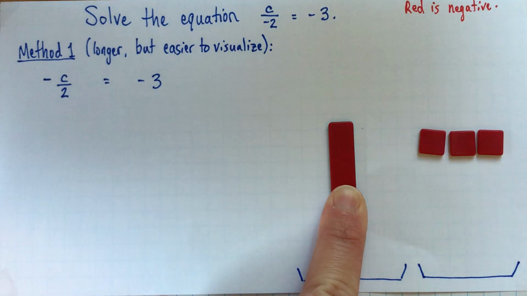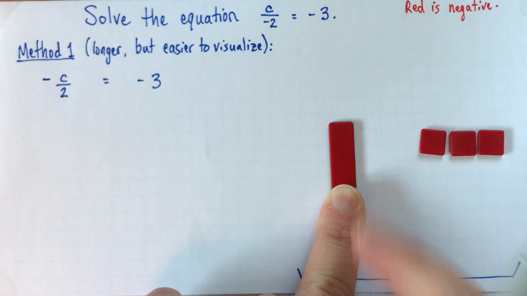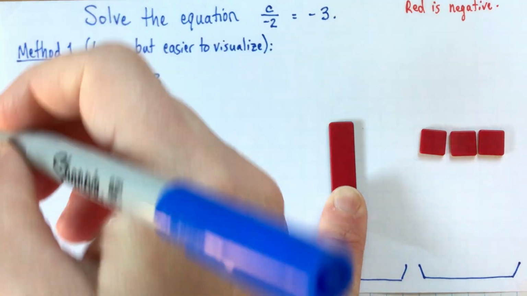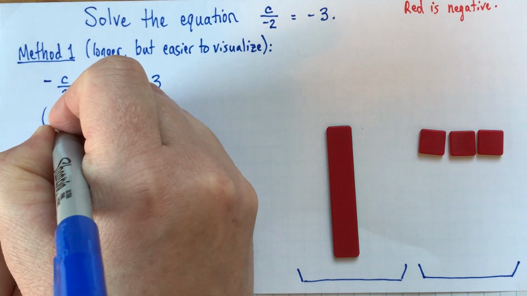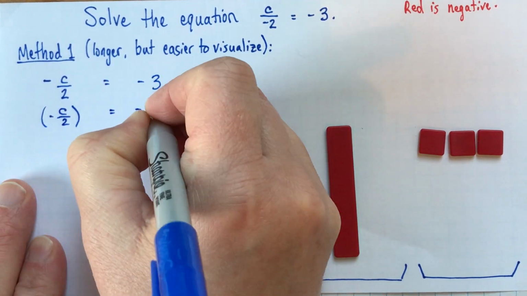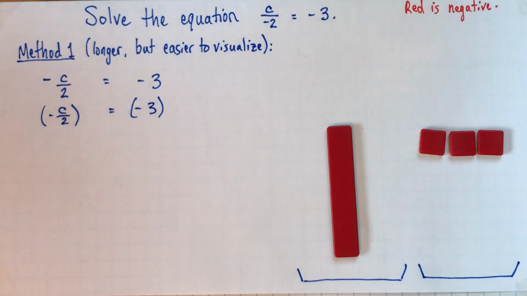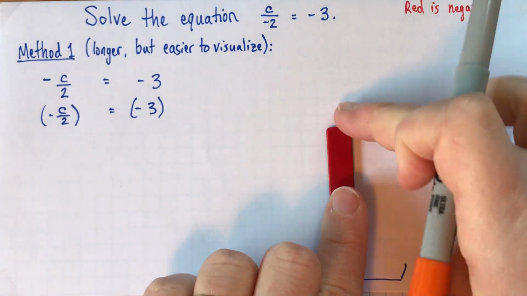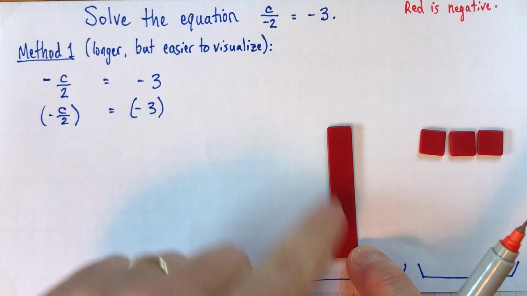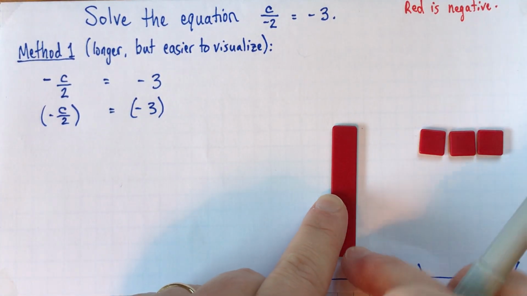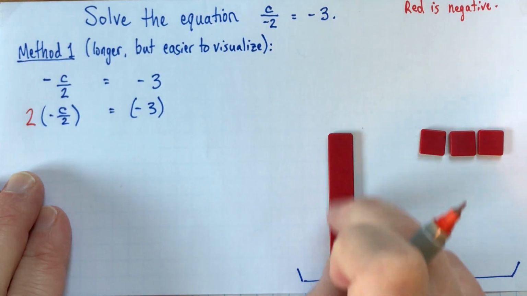All right. So the first thing we'd like to do, I would like to take my finger off of this, and we'd like to have a whole variable tile here. So what we're going to do, here we have -c divided by 2 is equal to -3. And I'm going to take that and I'm going to double both sides. Because if I double half of c, then I'll get the other half of c. And that'll be, if I double -c, I'll get the other half of -c. So multiply this side by 2, so I'd have a whole -c.